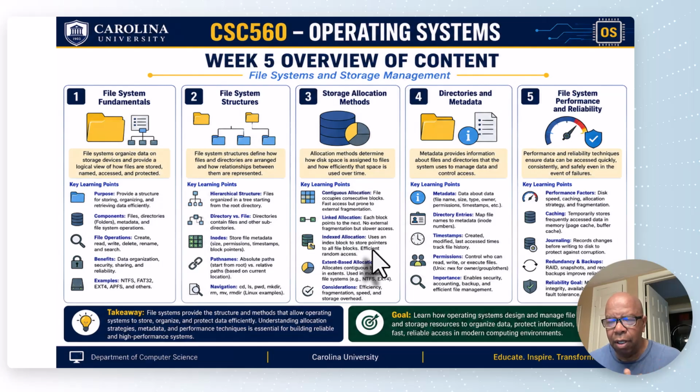I create a file, I read a file, I write a file, I delete a file, I rename a file, and I search a file. For those functions that I have to do with a file, I have to maintain that, coupled with the metadata that describes the files or file structure itself. That's what I'm controlling with the operating system.